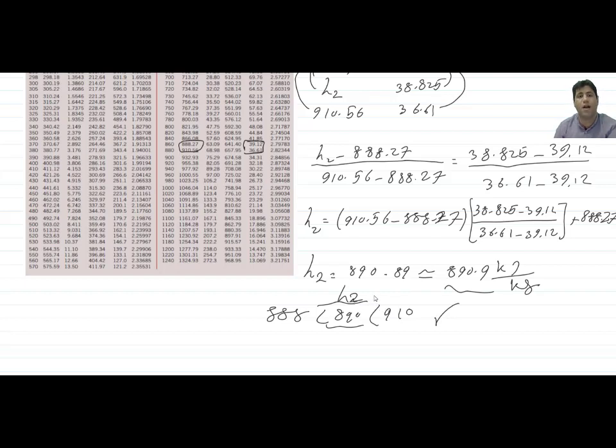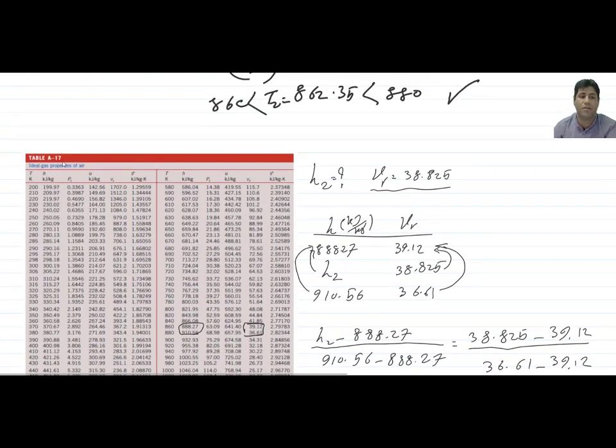So simply you can see how you can use interpolation to find thermodynamic properties from table A17. For this chapter 2, you only need to use this table A17 to do interpolation, because generally for gas power cycles we have an air standard assumption, and usually the working fluid is air. So you just need to know how to do interpolation for this table A17.